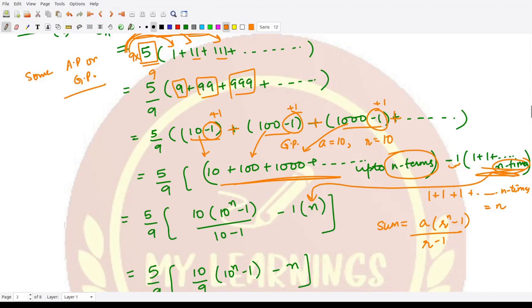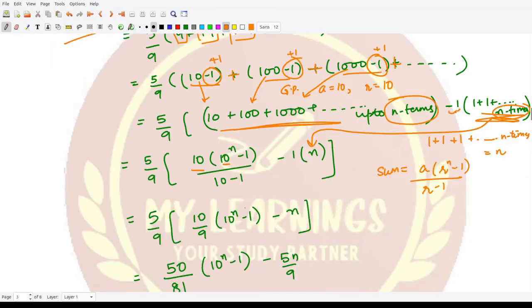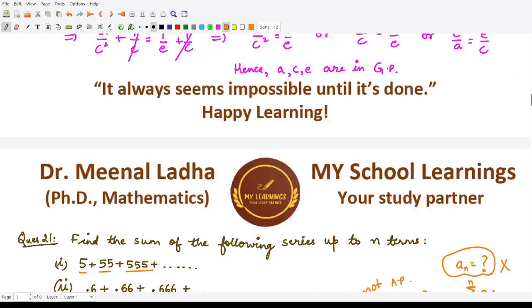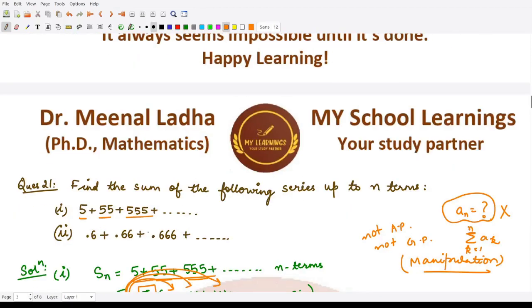The value of a is 10, the value of r is 10, so we get 10 times 10 raised to power n minus 1 divided by 10 minus 1. Once you solve this, you have 10 minus 1 equal to 9, so you have 10 upon 9 into 10 raised to power n minus 1, minus n. Then you can multiply this 5 upon 9 inside, and this is your answer in this particular case. In a similar manner we can solve the second part.